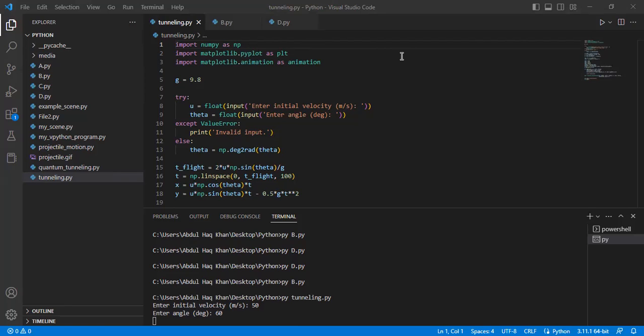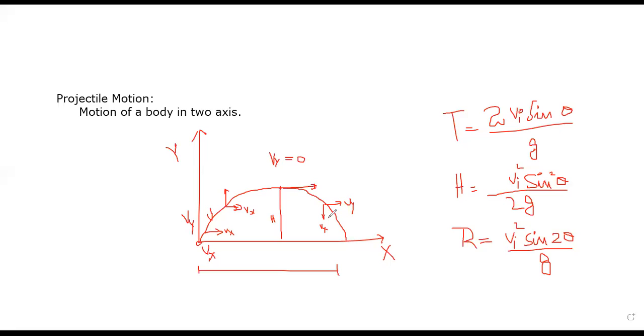Now come back to the screen. In this video we have studied projectile motion through animation and tried to understand the real concept of projectile motion.